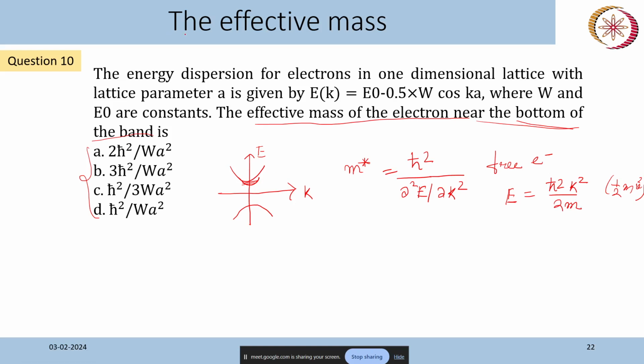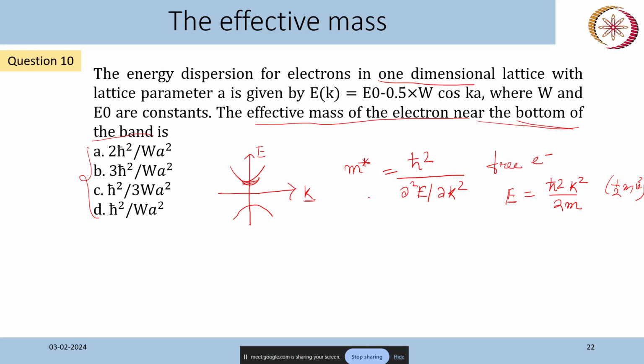This is for a one-dimensional crystal, so here I am only considering k. In 3D it will be kx, ky, kz, and this part will be kx square plus ky square plus kz square.